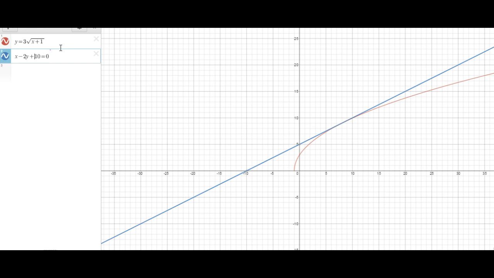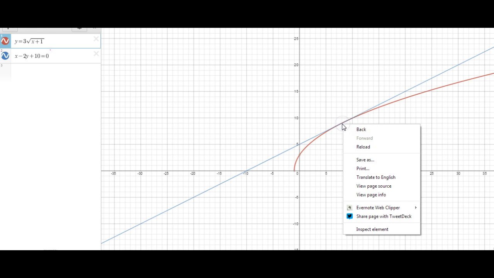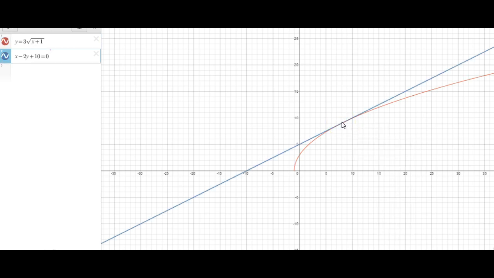At the point, what was the point? 8, 9, right? So somewhere up here. It's interesting, it's not showing me the point. But it kind of looks right, right? Okay, so it didn't show the point. I'm disappointed.